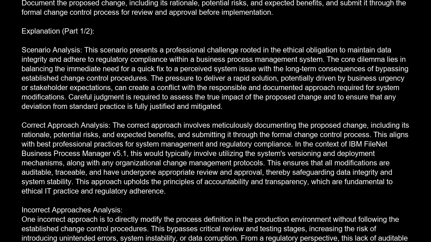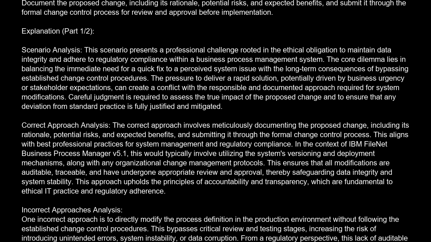Correct approach analysis. The correct approach involves meticulously documenting the proposed change, including its rationale, potential risks, and expected benefits, and submitting it through the formal change control process. This aligns with best professional practices for system management and regulatory compliance.